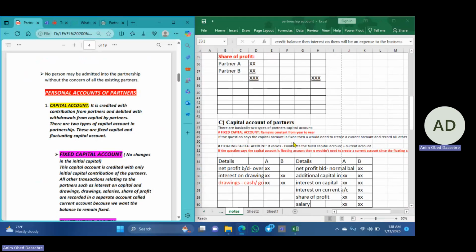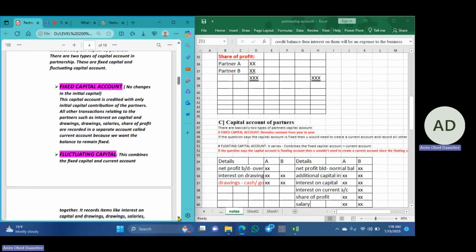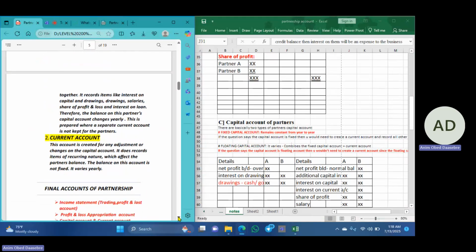So any other item that will affect the partner's account, you open a new account called the current account. Do you get? You open a new account called the current account. That current account is what you are going to use to adjust the changes in the capital accounts.